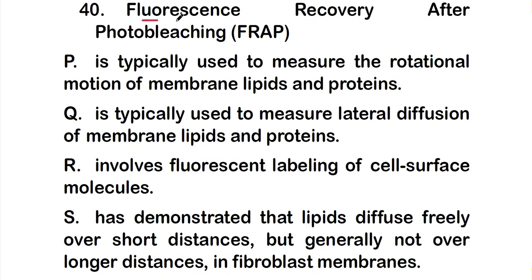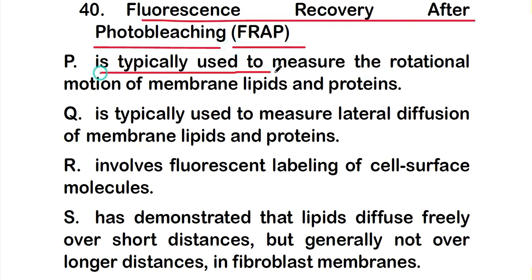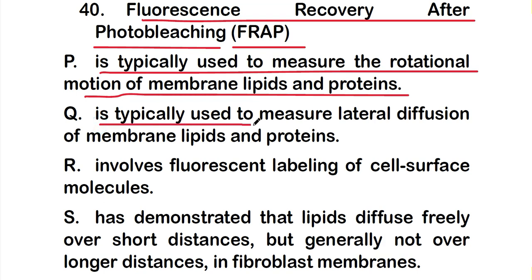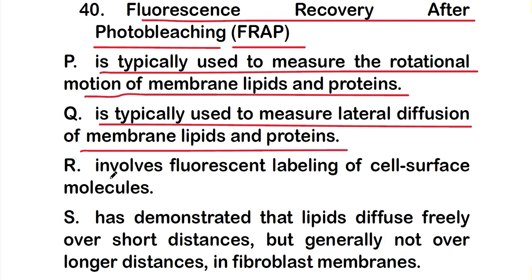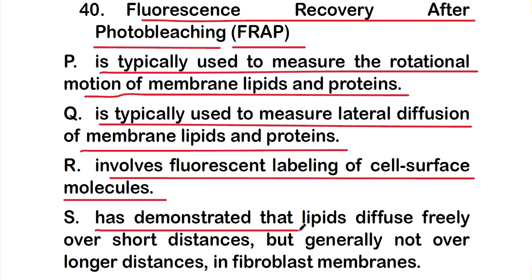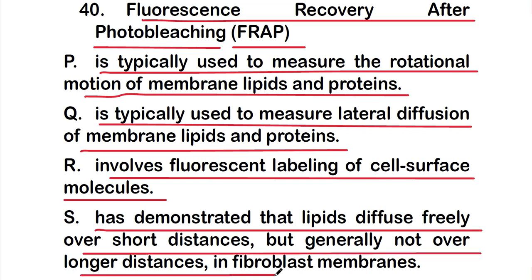Fluorescence recovery after photobleaching, that is the FRAP technique, statement P is typically used to measure the rotational motion of membrane lipids and proteins, statement Q is typically used to measure lateral diffusion of membrane lipids and proteins, statement R involves fluorescent labeling of cell surface molecules, or statement S has demonstrated that lipids diffuse freely over short distances but generally not over longer distances in fibroblast membranes.